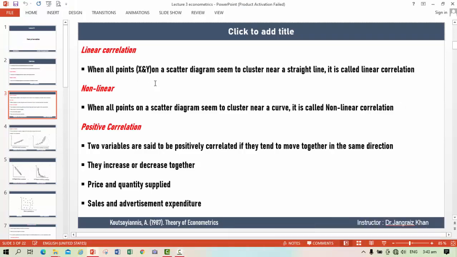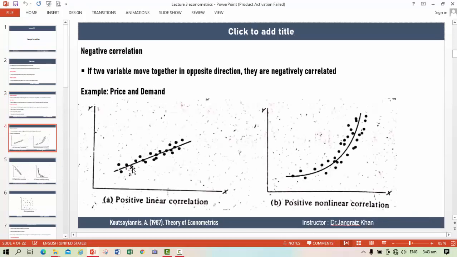We can show it on the graph. If the combinations of x and y are drawn on a graph, and all the points lie near a straight line or on the straight line, it is called linear correlation.